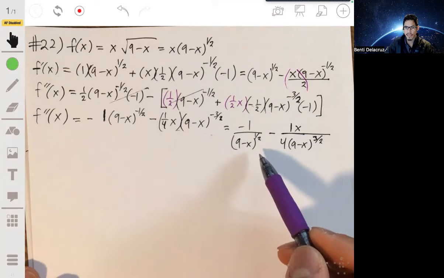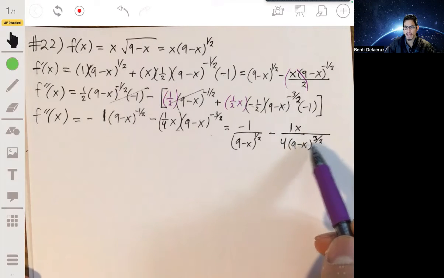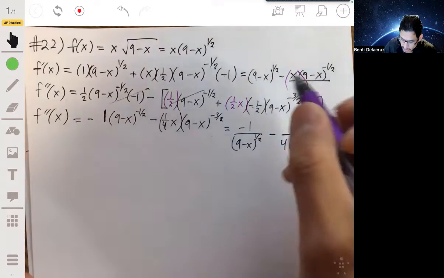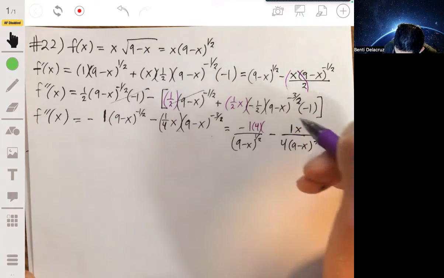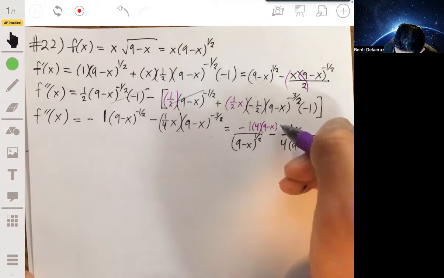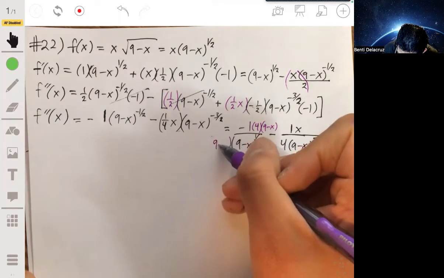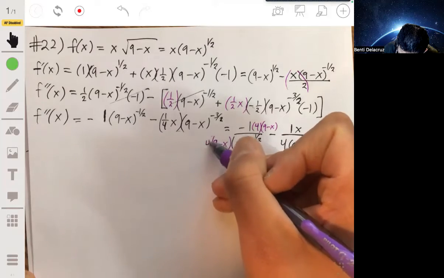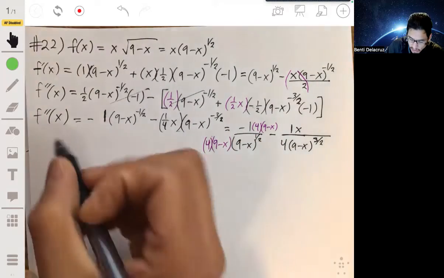So what I'm missing here is I need that 4, and then I need (9 minus x) to the 1 here. So I'm going to write small here so I can save some space. I'm going to multiply the top by 4 times (9 minus x) to the 1, and same thing with the bottom, 4 times the (9 minus x), because then you'll have the same denominator all across.